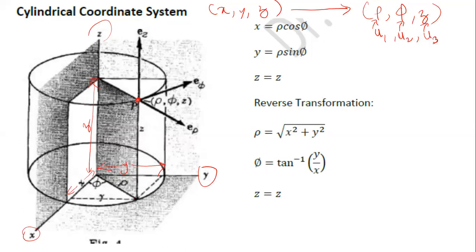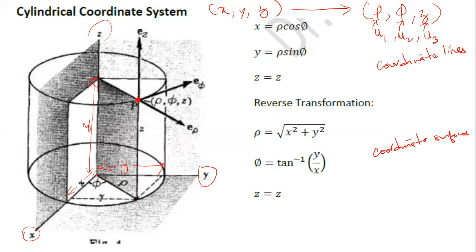Now, in order to understand whether it's a curvilinear system or not, we have to see what the coordinate lines are, and we also have to see what the coordinate surfaces are. Right, now rho, what are the rho coordinate lines? Rho coordinate lines is the distance of the point you measure from the origin.